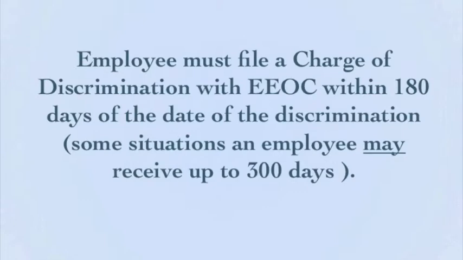But in some courts and some jurisdictions, you are allowed up to 300 days to file with the EEOC or an appropriate local agency. However, it's very important to remember that you must move through this as quickly as possible and not delay. It is also important that you seek an attorney who is experienced in handling discrimination claims, because these cases are extremely complex and hard to win if you are an employee.